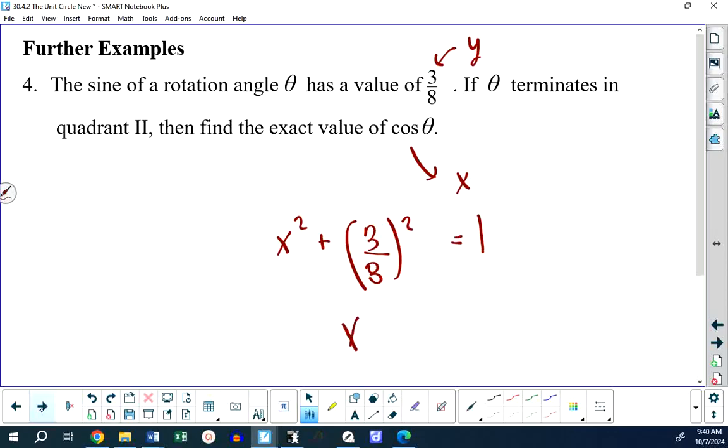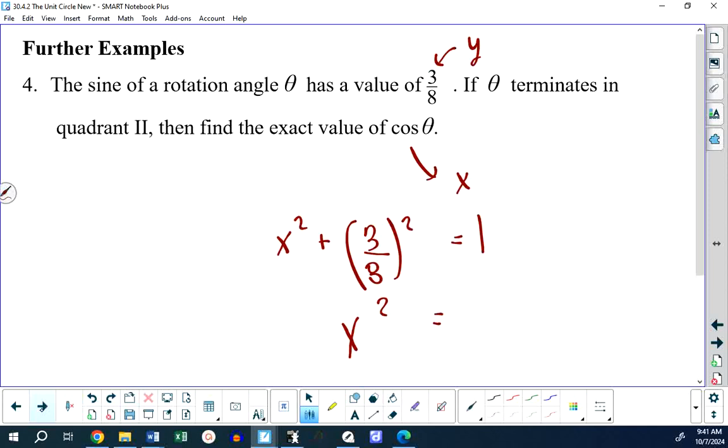I'm just going to pick up the pace here. Do me a favor, take your calculator, go 1 minus, in brackets, 3/8 squared, and convert it to a fraction. I believe you're going to get 53/64.